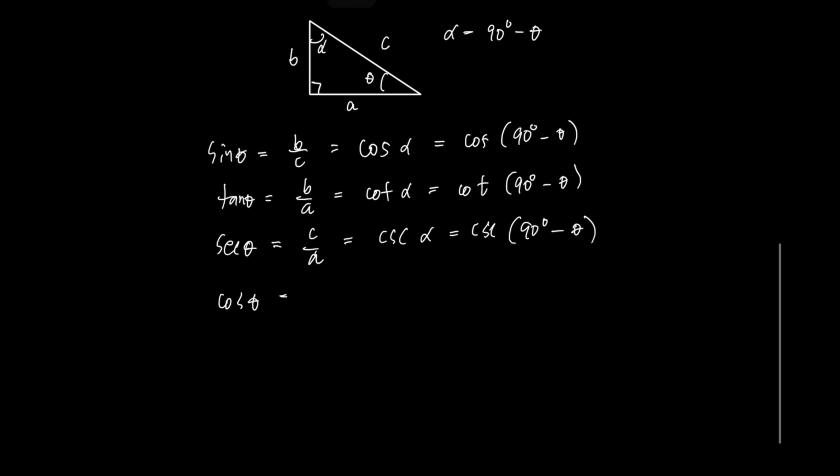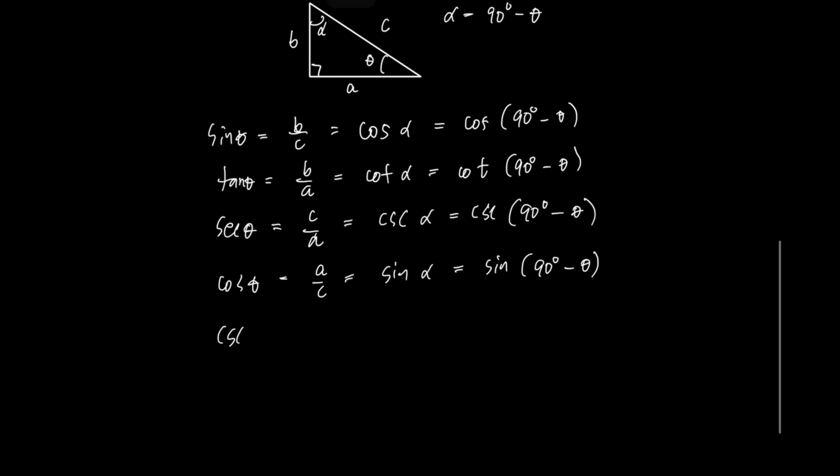Also, we have the cosine theta, which is A over C, and A over C is sine alpha, and sine alpha is just sine of 90 degrees minus theta. Then the cosecant theta is C over B, which is secant alpha, and the secant alpha is just secant of 90 degrees minus theta.